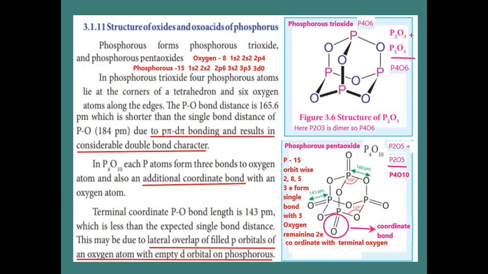In the 3d orbital there is no electron. In oxygen there is no d orbital, but in phosphorus a d orbital is present. Because of this, p pi from oxygen and d pi from phosphorus bonding results in some double bond character in the P-O bond, between phosphorus and oxygen. It is indicated in bold.